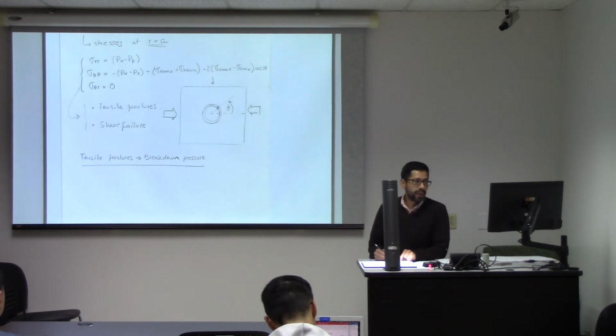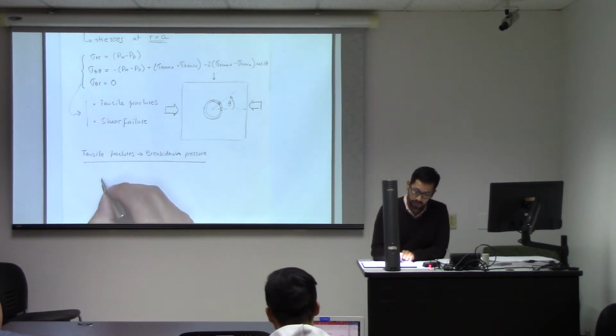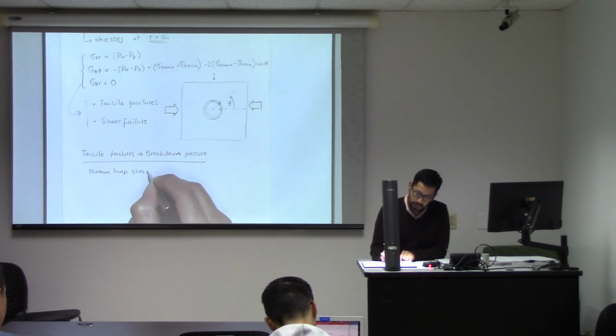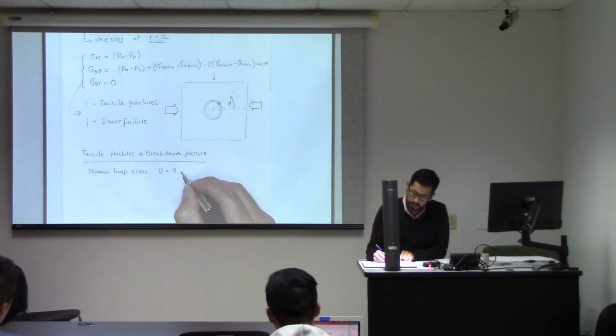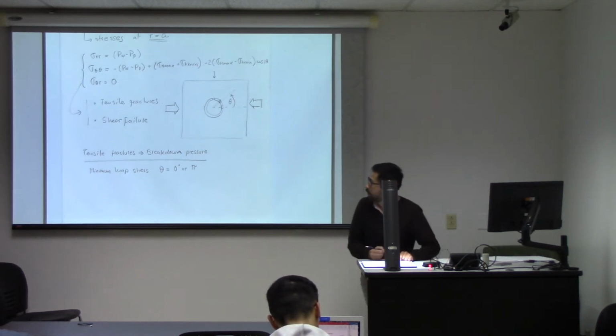Where do you expect to have tensile fractures? What is going to be the angle theta? 0, or 90, or 180. Okay, so then let me write what you said, 0 degrees. Oh, well, actually, if you're measuring it from horizontal, then maybe 90.